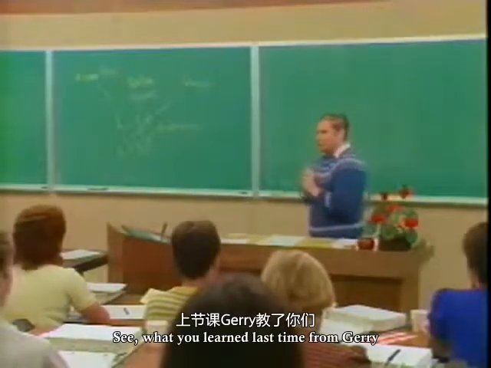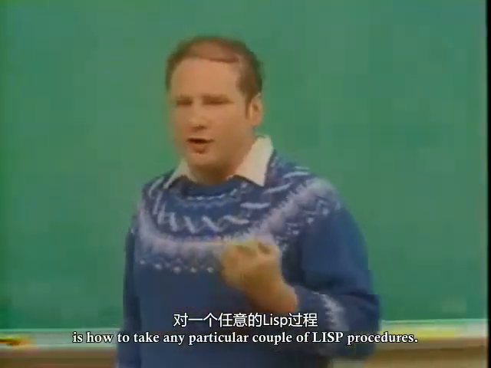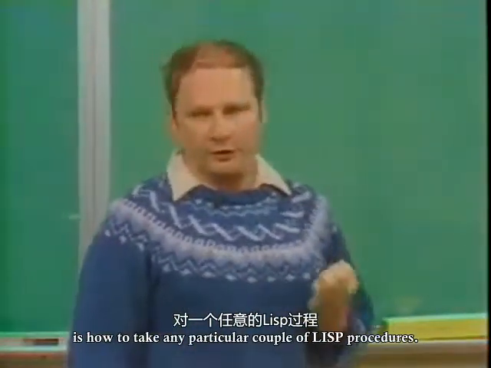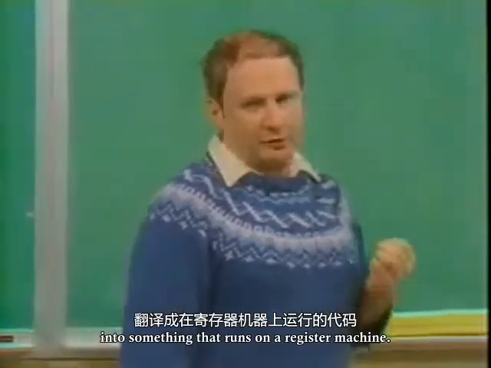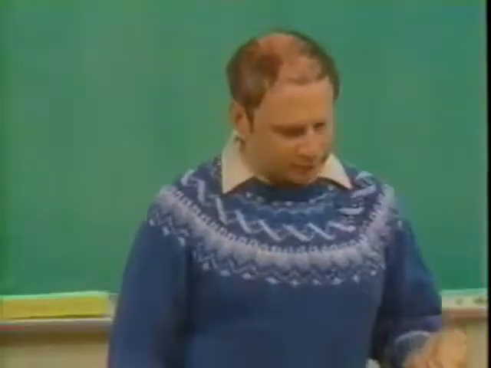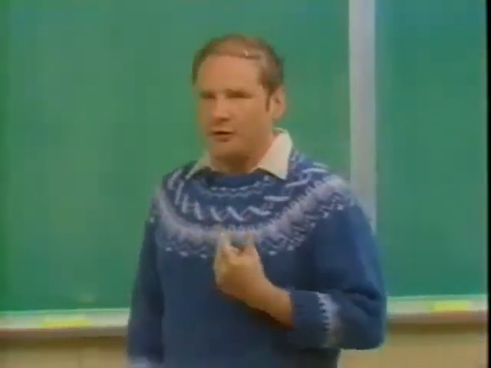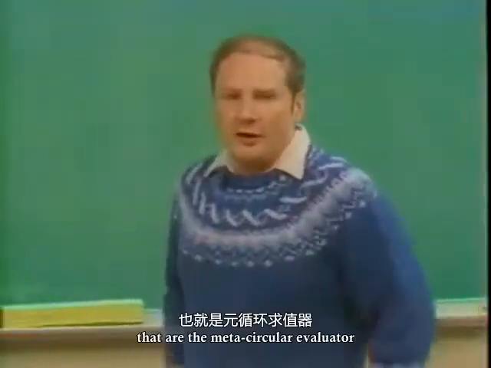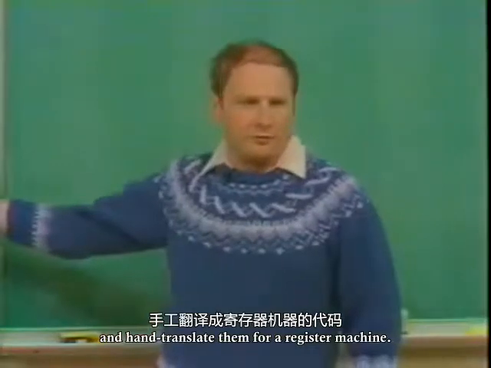What you learned last time from Jerry is how to take any particular couple of Lisp procedures and hand translate them into something that runs on a register machine. So to implement all of Lisp on a register machine, all we have to do is take the particular procedures that are the metacircular evaluator and hand translate them for a register machine.